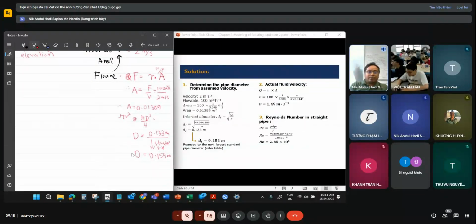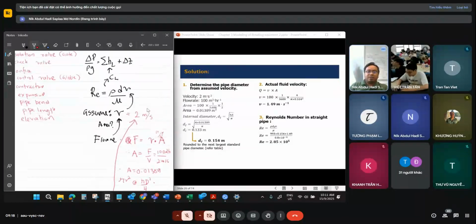After we have this, then we can recalculate our velocity. Our actual velocity is 1.49 meter per second. Once we have this velocity, we can calculate the Reynolds number, which we will get as 2.85 times 10 to the power of 5.